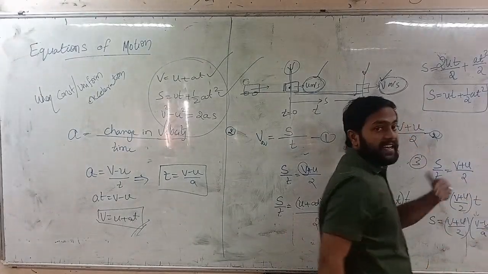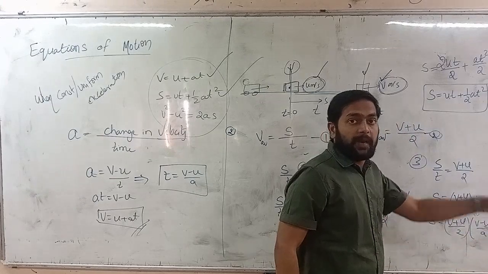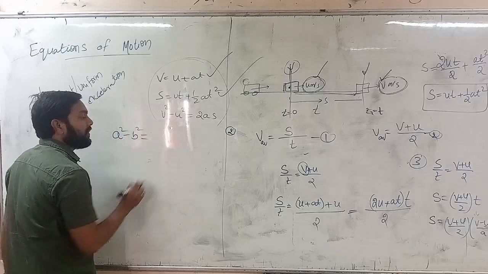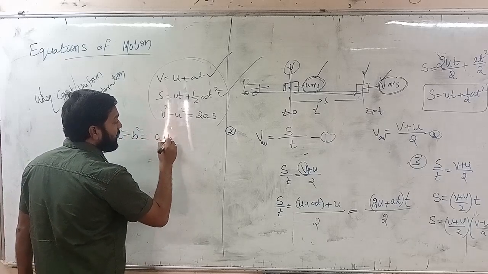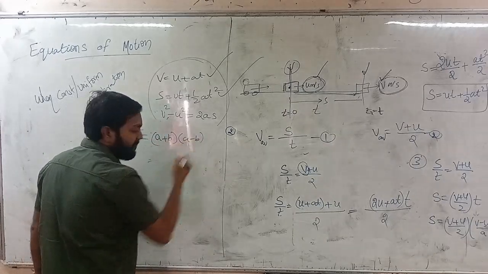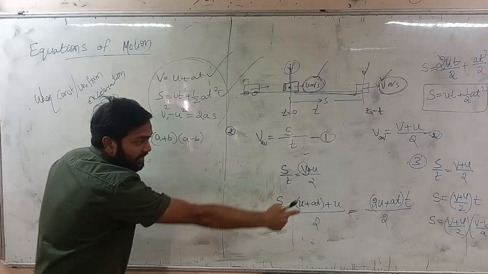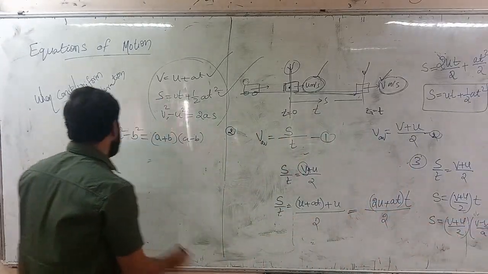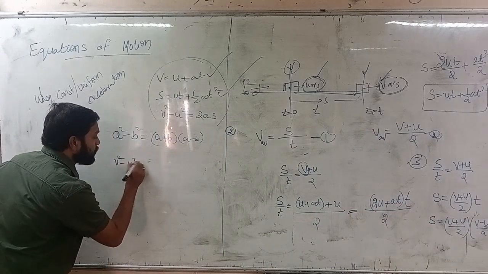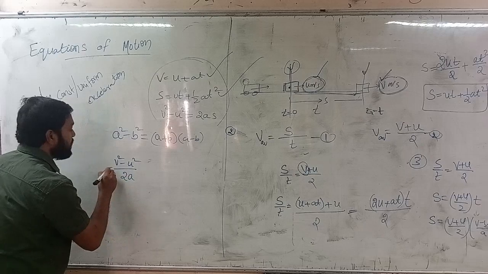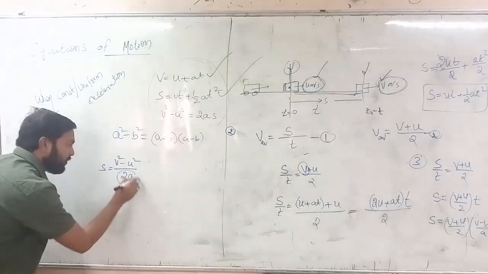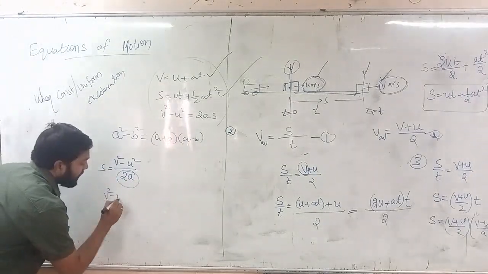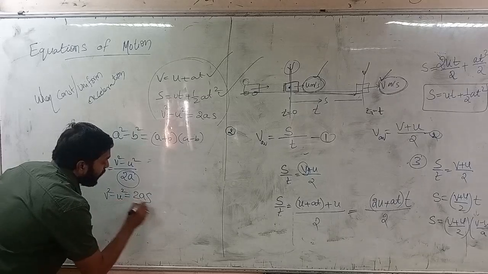It is looking like A square minus B square, which is equal to A plus B times A minus B. Similarly there we have V plus U times V minus U. That means we get V square minus U square by 2A is equal to S. I would like to take this 2A to this side, then V square minus U square is equal to 2AS.